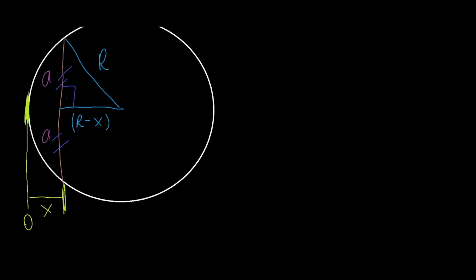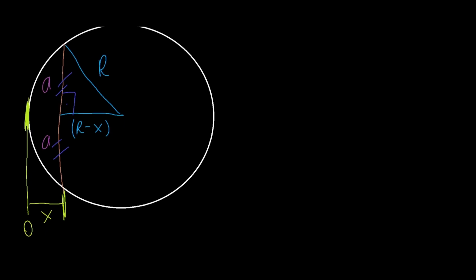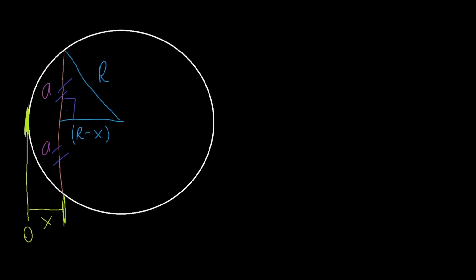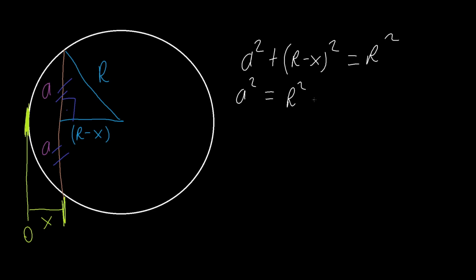Now using the Pythagorean theorem, we can say a squared plus (r minus x) squared equals r squared. So a squared is equal to r squared minus (r minus x) squared.